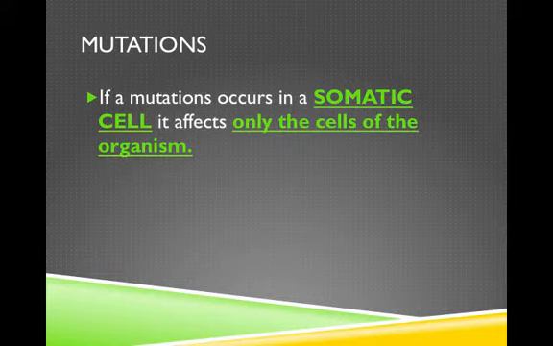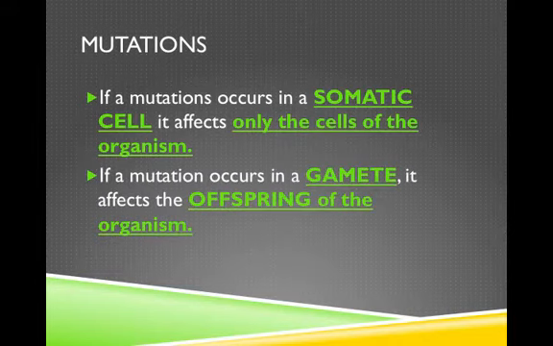In other words, it cannot be passed on to the organism's offspring. If the mutation occurs in the gamete, then it will in fact be passed on to the offspring, meaning that we tend to say that it is quote unquote a genetic mutation. However, this is a little bit of a wrong statement because all mutations occur in our genes.